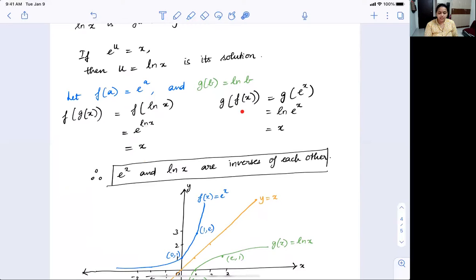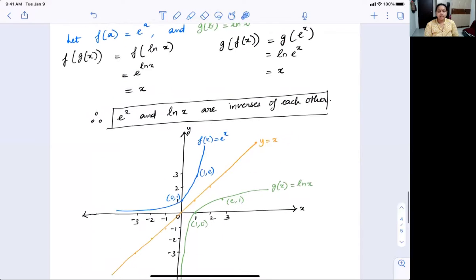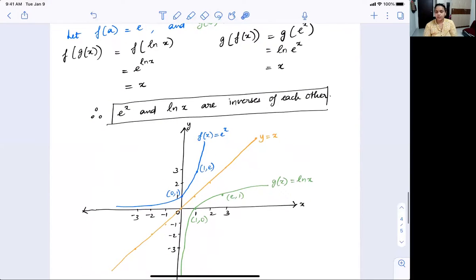g of f of x is g of e to the power x, which is ln of e to the power x, and that gives me x again. So g of f of x gives me x back, which means that g and f are inverses of each other. So e power x and ln x are inverses of each other, and this is a very important relationship to keep in mind.